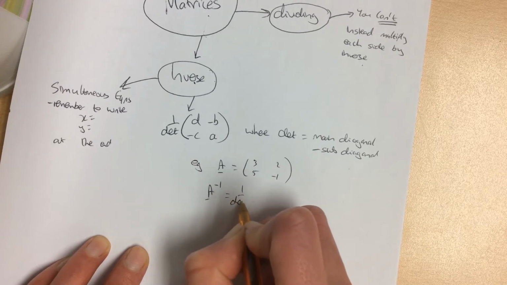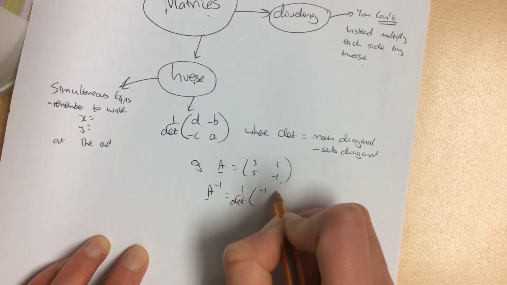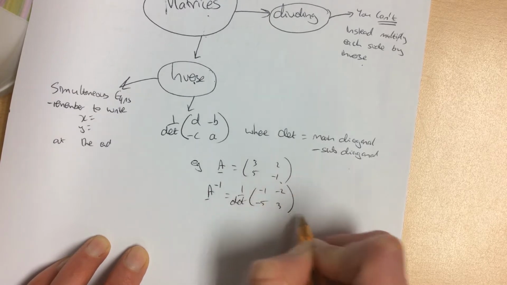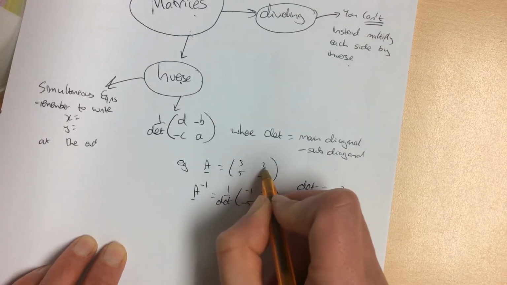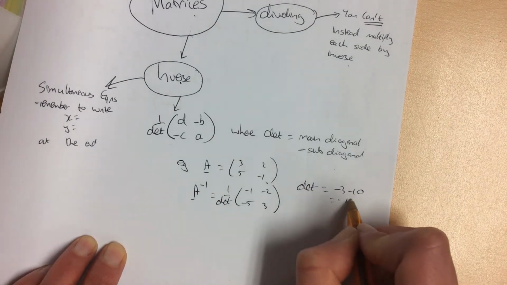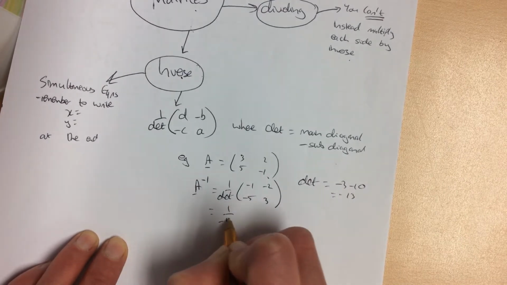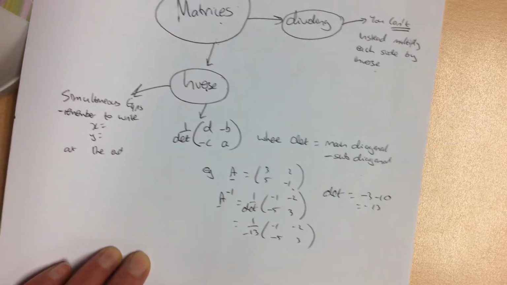It's 1 over the determinant. You switch the main diagonal and you change the signs in the subdiagonal. And the determinant is the main diagonal take away the subdiagonal. So it's minus 13. So your inverse is 1 over minus 13, then minus 1, minus 2, minus 5, 3.